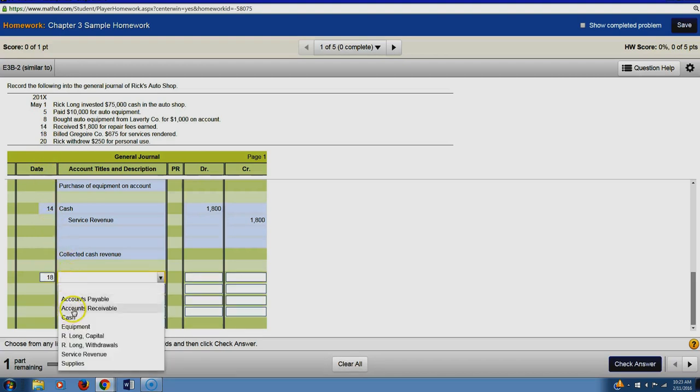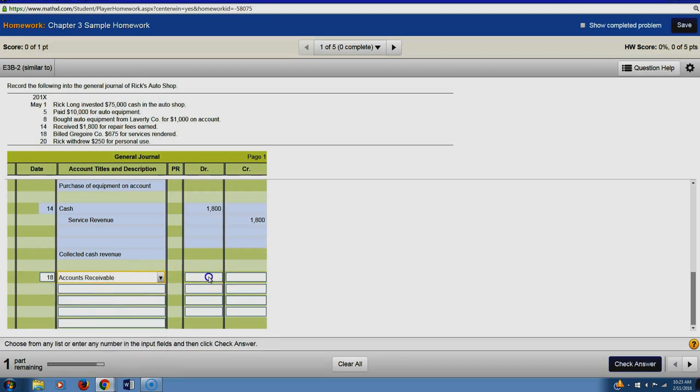Of course, you're not getting cash, so you can't debit cash, but you're getting another asset called accounts receivable. I'm sure I explained to you before that it is valuable because you have a claim against this guy for $675. It's unlike other tangible assets.